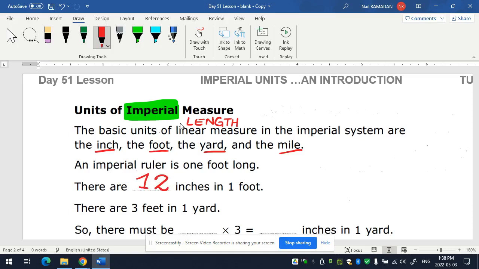So I want you to write this down now. By the way, does anyone know the abbreviation for foot? Centimeters was cm, kilometers was km. What do you think it is for foot or feet?